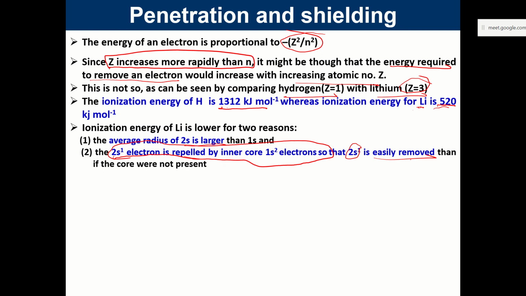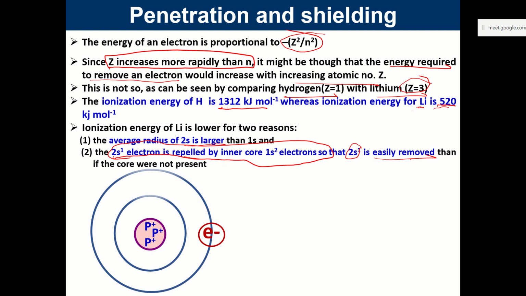You can calculate Z by n, okay. But as soon as you realize that, no, in the first shell you have two electrons in the 1s shell, they repel the outermost electron, so now it becomes easier to take away that electron.